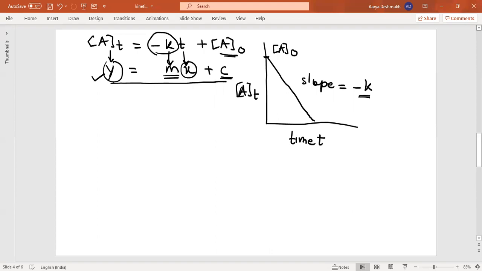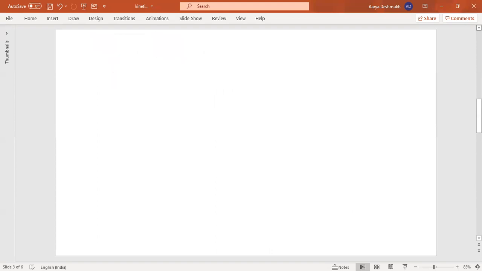The next thing is the half-life of zero order reaction. As I told, half-life means the time required to halve the initial amount of the reactant.